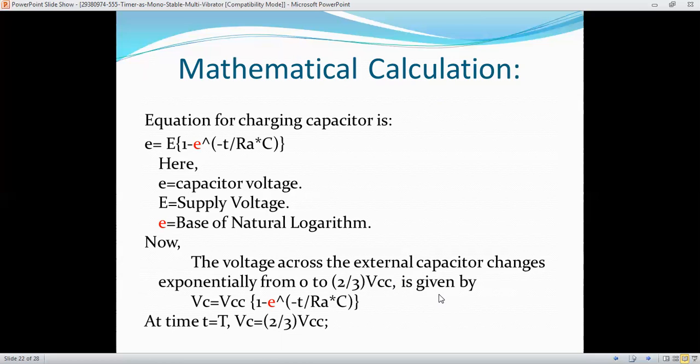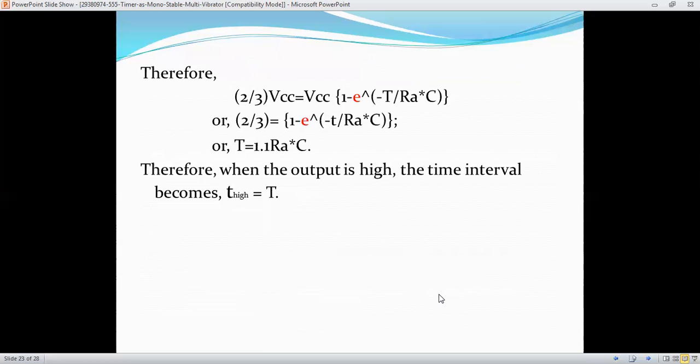Now the voltage across the external capacitor changes exponentially from 0 to 2/3 VCC, given by Vc = VCC(1 - e^(-t/RC)). At time t equal to capital T, Vc is equal to 2/3 VCC. We calculate the total T equal to 1.1 RaC. Therefore, when the output is high, the time interval T high is equal to T.